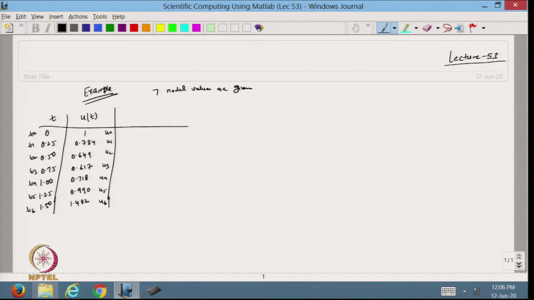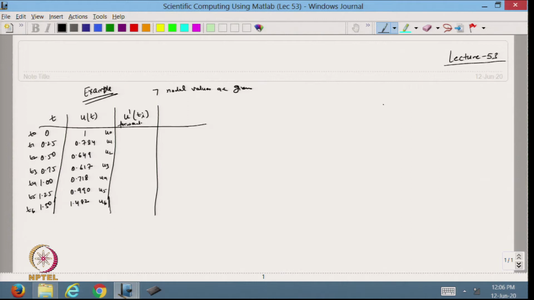Now suppose I want to apply the forward operator. I want to find u dash, the derivative, at the ti's using the forward operator.